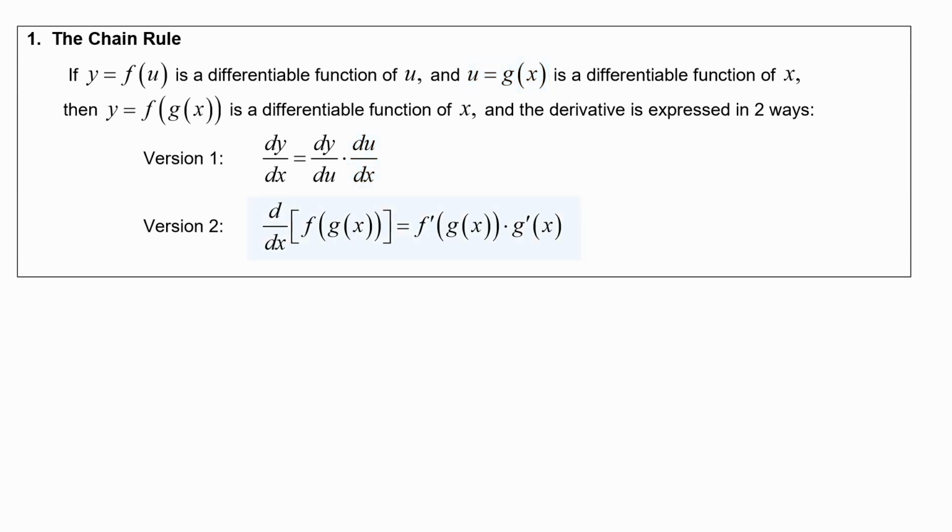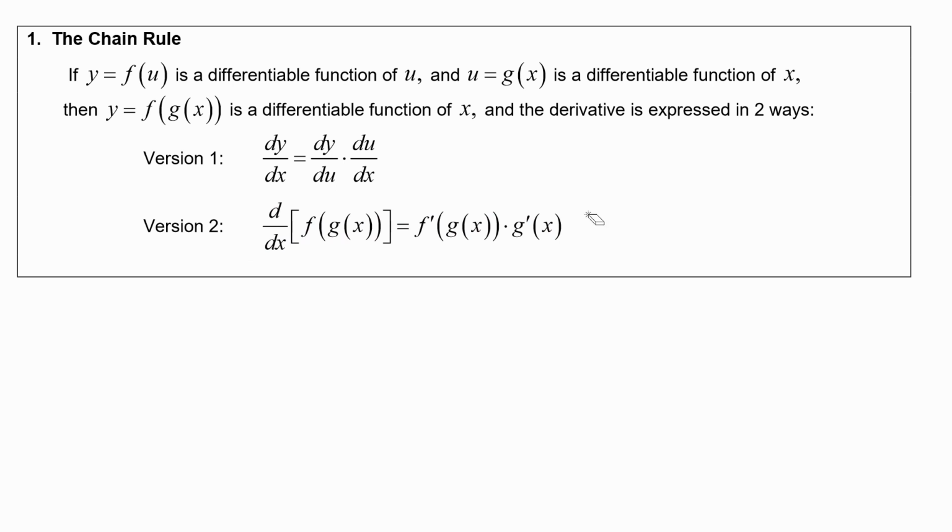And version 2 is that the derivative with respect to x of f of g of x is equal to f prime of g of x times g prime of x.